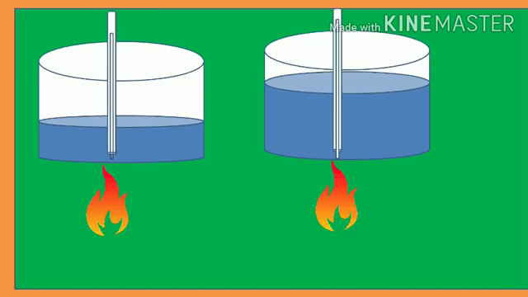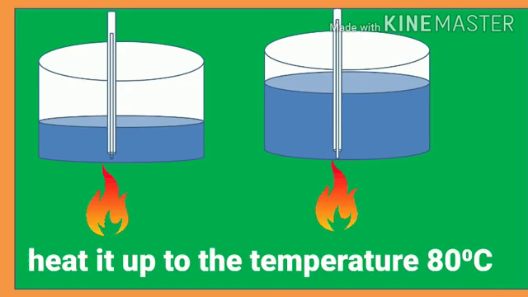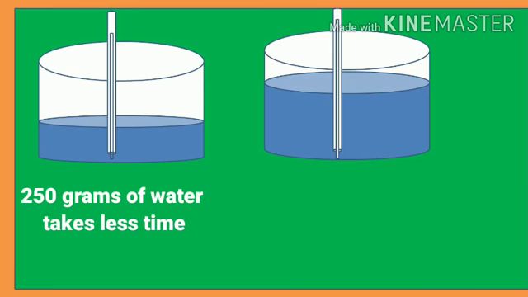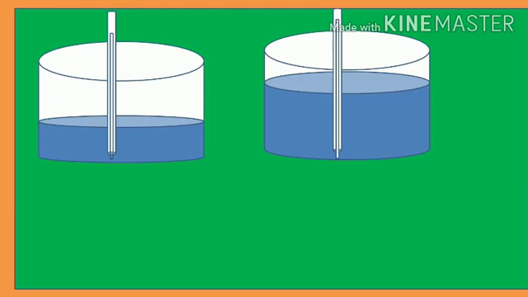Heat both beakers till the temperature of the water rises to 80 degrees centigrade. The 250 grams of water beaker takes less time to rise 60 degrees and the 1 kg of water takes more time to rise 60 degrees. From this we conclude that the amount of heat absorbed by a substance is directly proportional to its mass. That means Q is proportional to m.